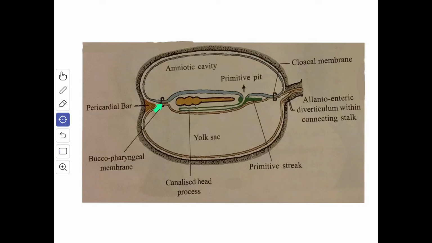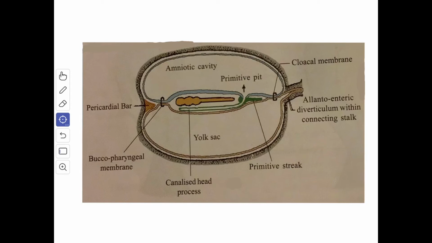Therefore, the further growth of the head process extends in the caudal direction. This explains why the caudal end of the germ disc is narrower than the cephalic end.